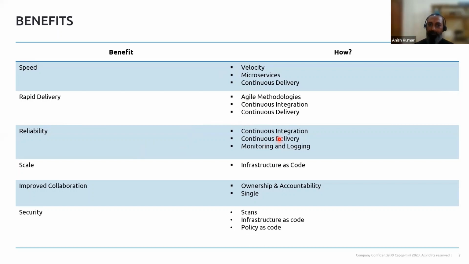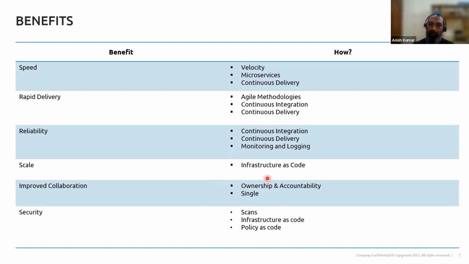Reliability: continuous integration, delivery, monitoring and logging is one addition, which provides us the right insights so that whatever issues are identified in the current setup can be worked upon and help us achieve a reliable system for the future. So that was about the reliability aspect.